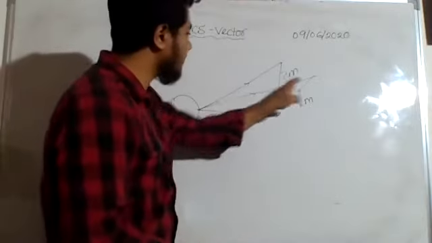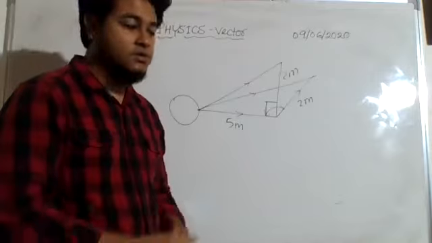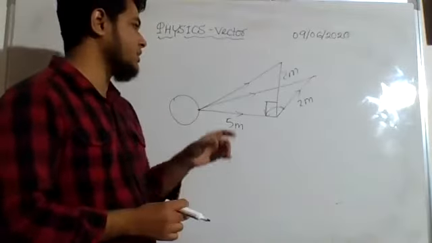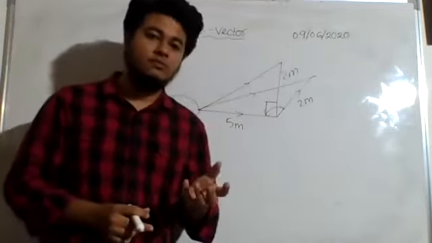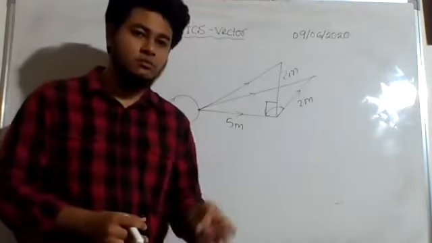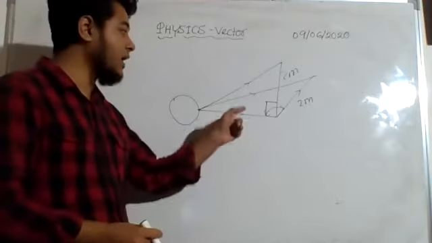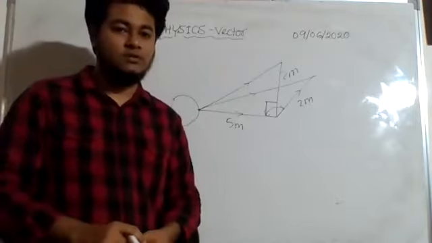Definitely the length of the resultant vector is going to be different. That is why in case of vector sum, you need to consider not only the magnitude. Magnitudes are important, but the direction also plays a great role, and the angle between them also matters.